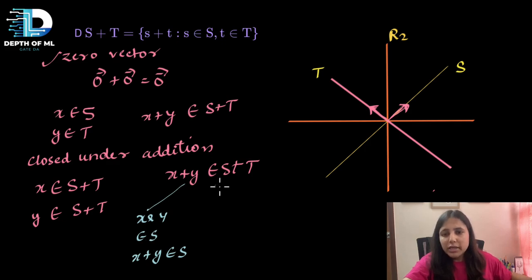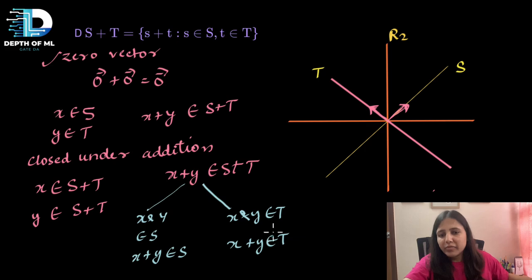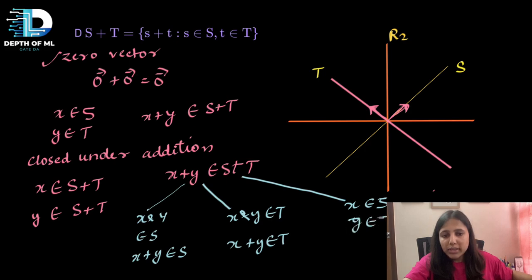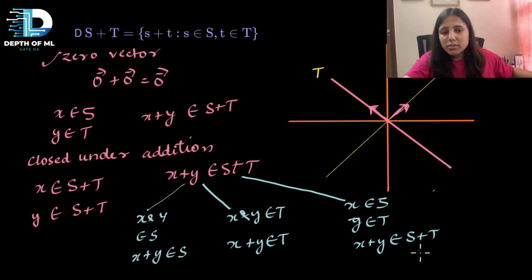Fine. The other case could be that x and y belong to T. Then also x plus y will belong to T, and I'll just add a 0 vector and that vector will belong. The third case is x belongs to S and y belongs to T. Then x plus y belongs to S plus T. This is by definition. Right? So this is also closed under addition. What about the multiplication? The scalar multiplication.